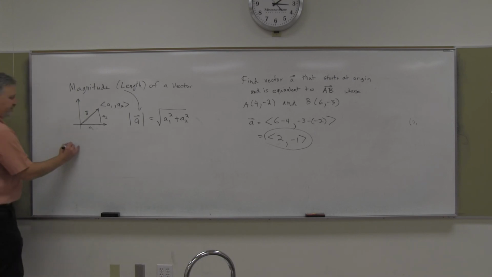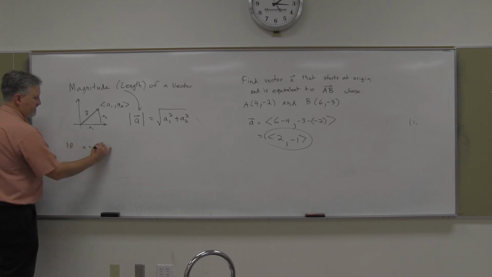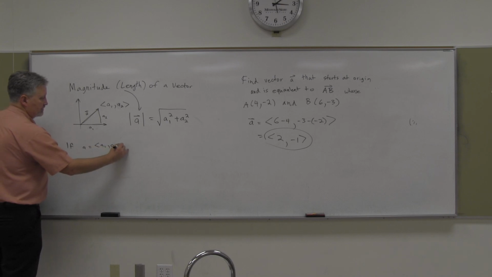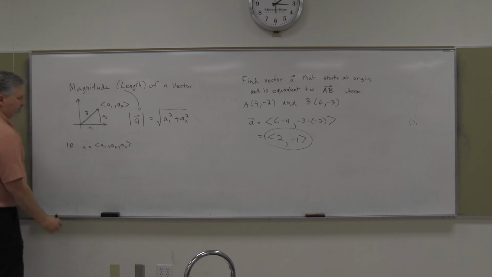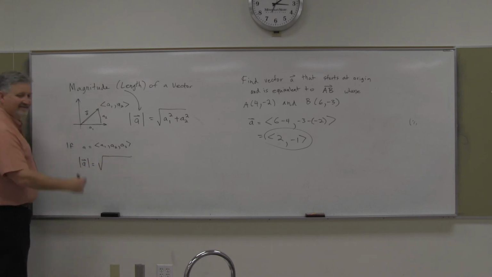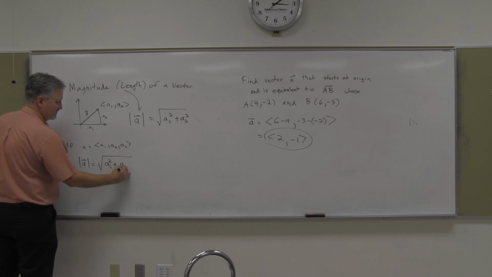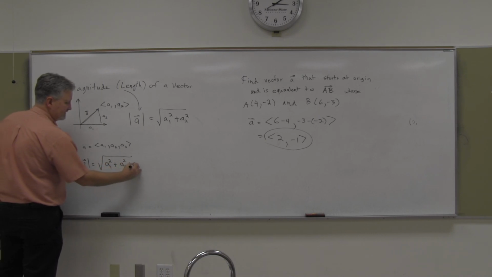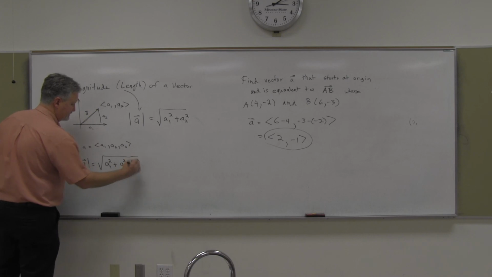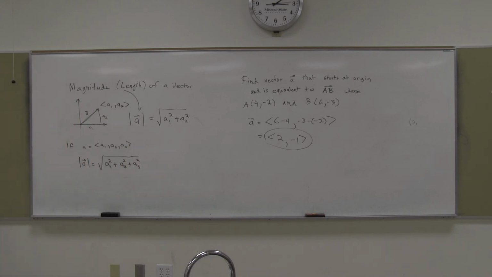And again, if A is a 3-dimensional vector, the magnitude of A is the square root of the sum of the squares. So, for now anyway, the three-dimensional counterparts are very nice. They just add that extra component into it. All right.